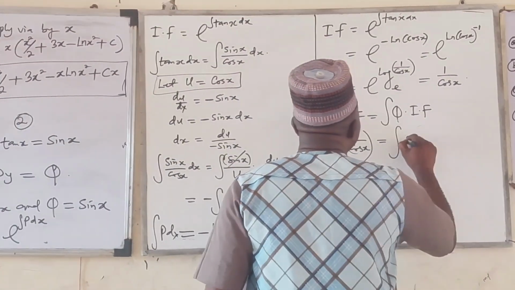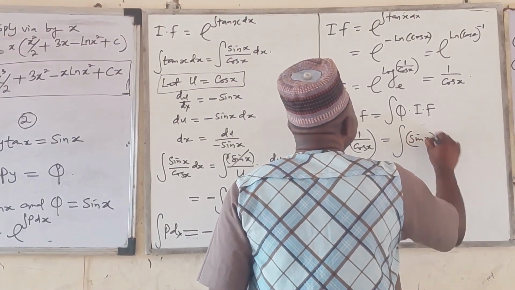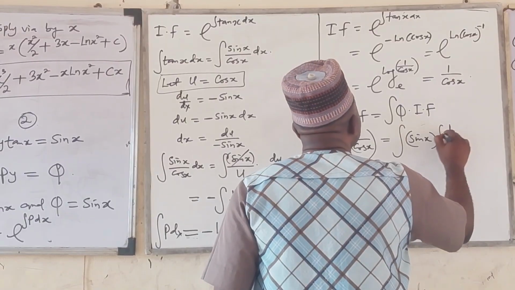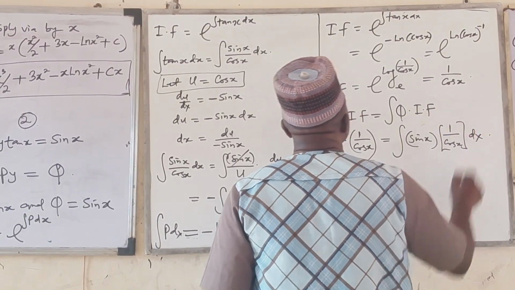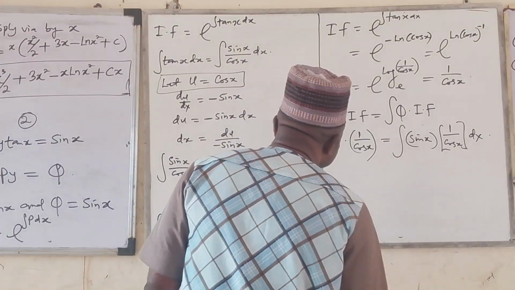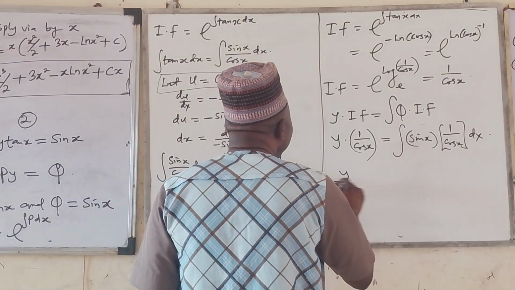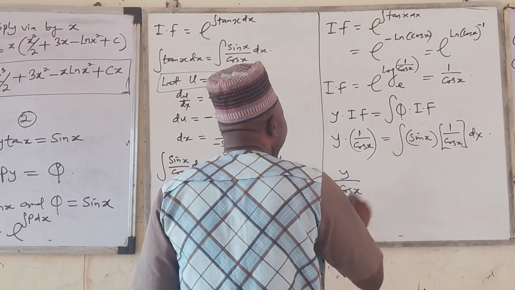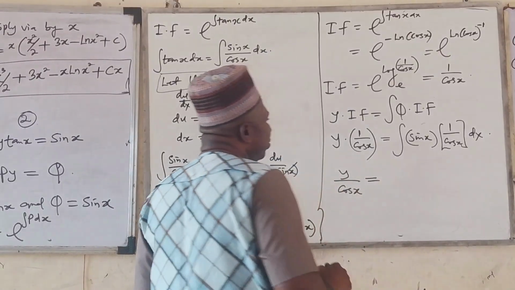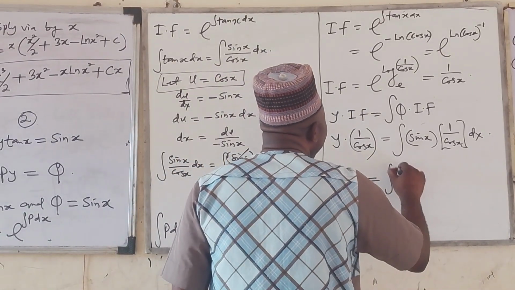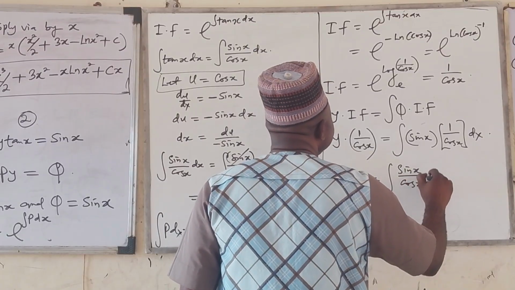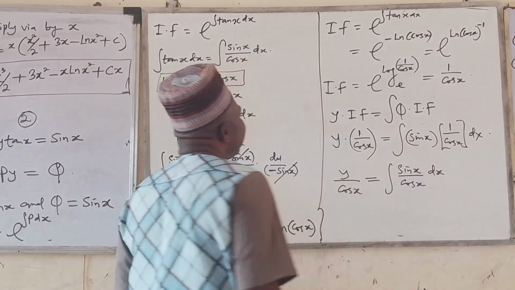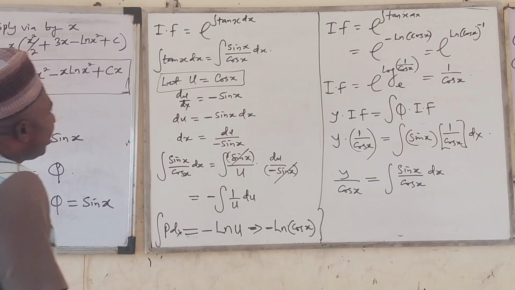So here we have sine x times 1 all over cos x dx. So this is the same as y all over cos x is equal to the integral of sine x all over cos x dx.